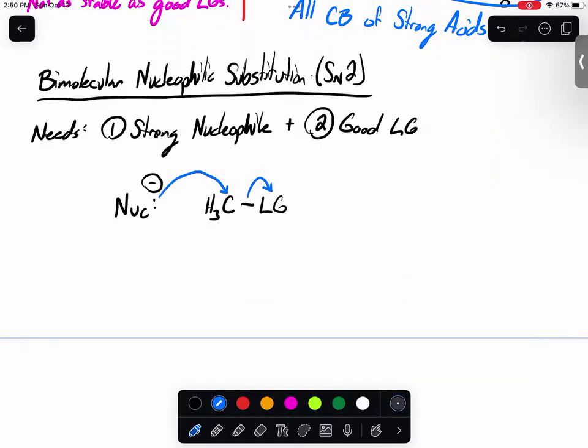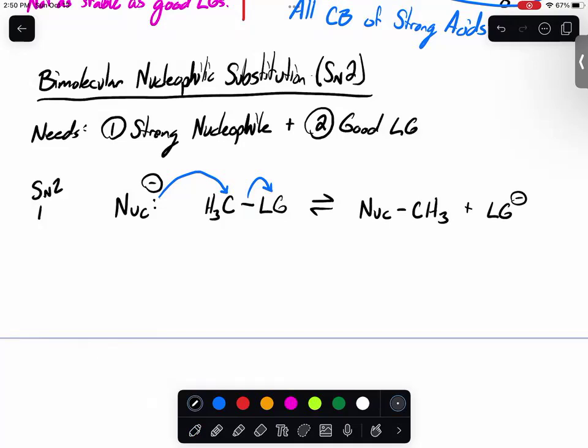We call this a nucleophilic attack, because the nucleophile is giving its electrons to the carbon and forcing the leaving group to leave. What ends up happening is we've formed the bond between the carbon and the nucleophile, and we've broken the bond between the carbon and the leaving group. And so this reaction right here is the SN2 reaction.